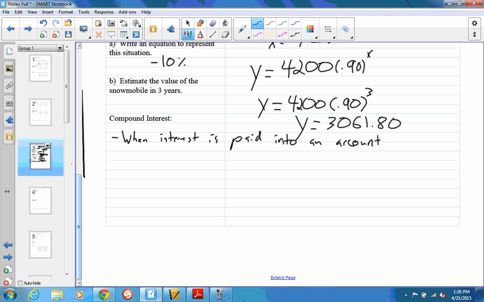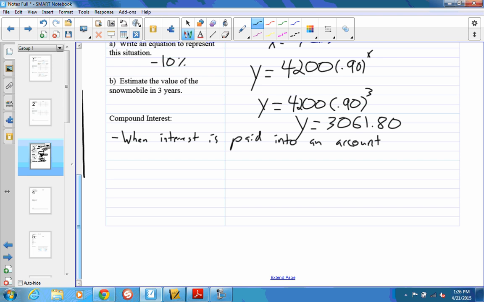If I put $500 in an account, and I got 1% on it every month, I would get $5 every month, right? It would be constant. The way compounding interest works is that first month I get $5. Now I have how much? 505 in my account. That next month I get 1% of $505.